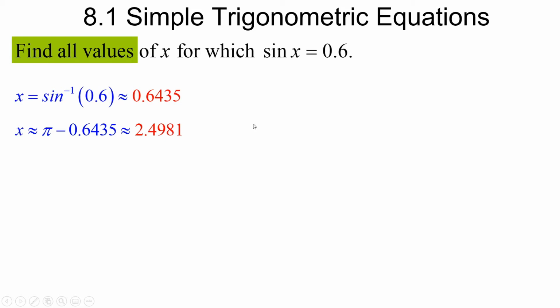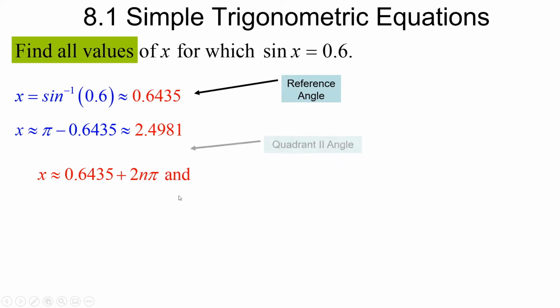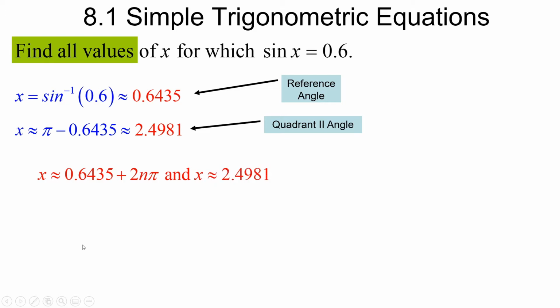And so I can take these 2 answers, my reference angle, x is approximately 0.6435. But then don't I add any multiple of 2 pi to that? Plus 2m pi. And then my quadrant 2 angle right there, which is x is approximately 2.4981, and let's add any multiple of 2 pi to that.